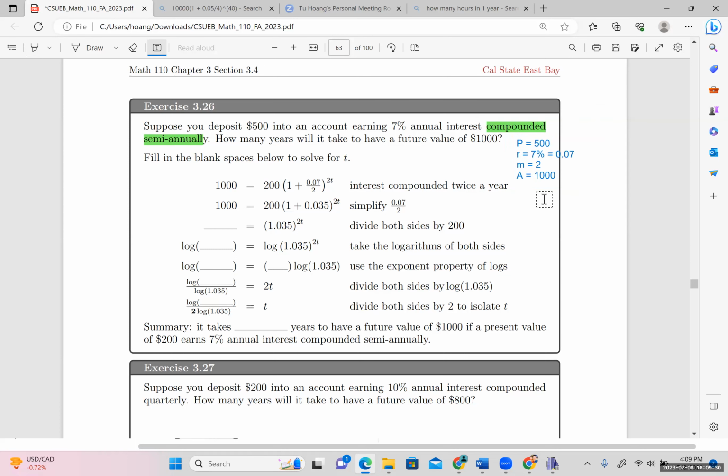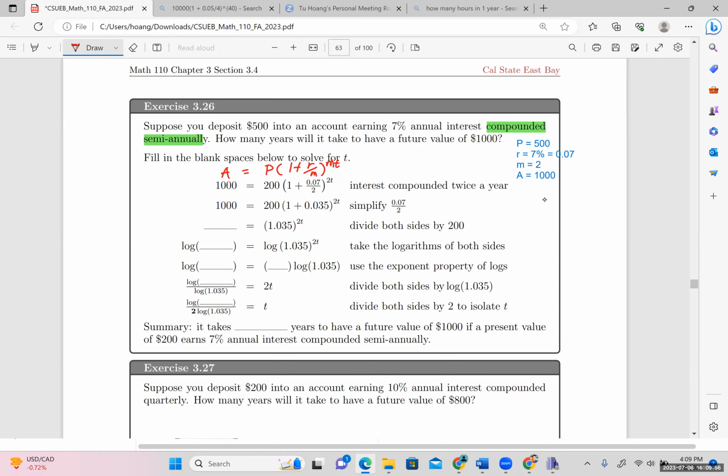Okay, so we have to use the compound interest formula. So we're gonna substitute everything. Say A is equal to P times 1 plus r over m raised to power mt, right? You see that?